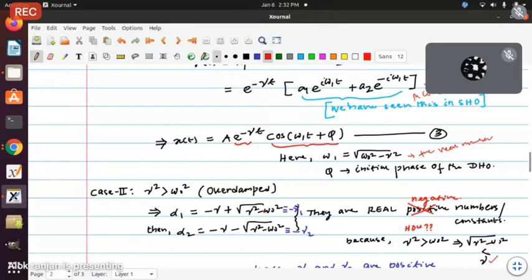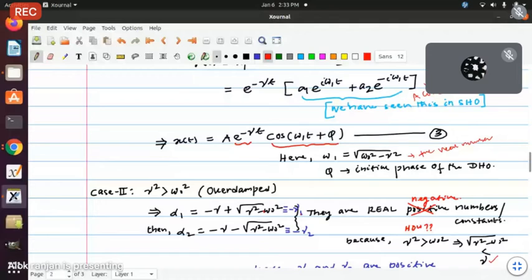So when we either add or subtract a smaller number from the bigger number which has the negative sign, the final result will be a negative quantity. Because gamma is the bigger number, the square root term is a smaller number, and gamma is carrying the negative sign. Whether we are adding or subtracting, it will still remain a negative number. So both alphas are negative but real.